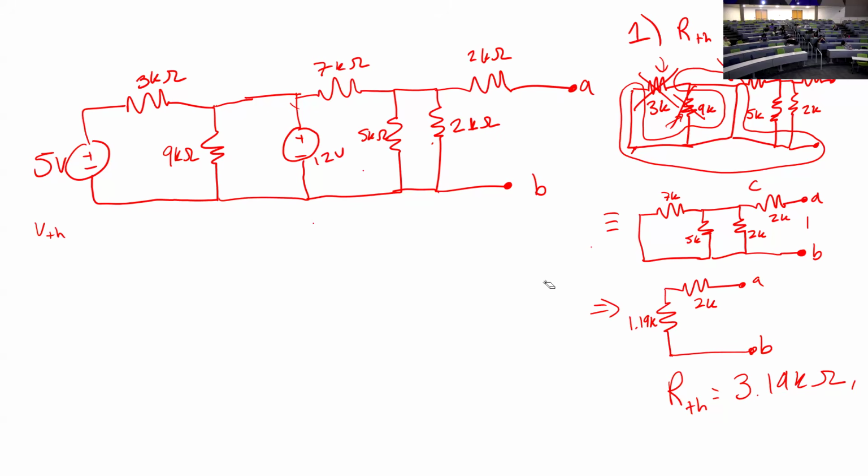One trick that's very, very important that you need to understand to be able to solve these types of problems, because it's super common and you're going to see it throughout the rest of this class. When we're solving for voltage across A and B, okay, is A and B for Thevenin an open or a short? For Thevenin, do we consider A and B an open or a short? An open or a short?